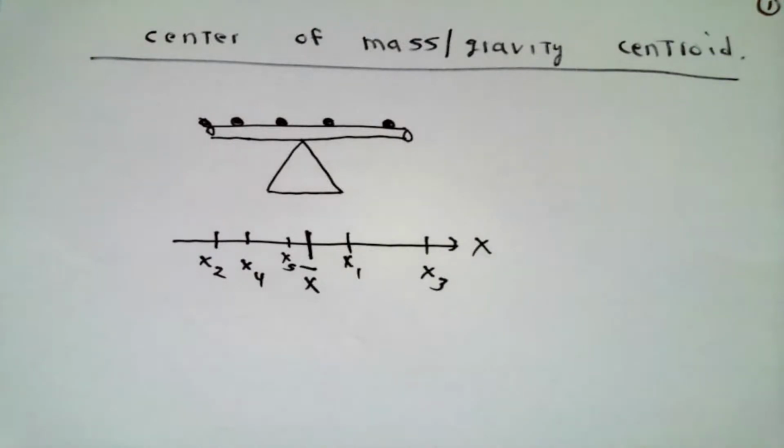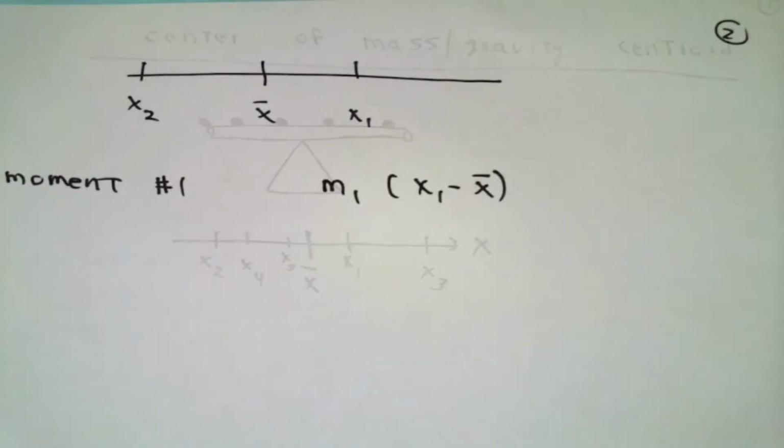In physics, the tendency of an object like this to make the piece of balsa wood turn is measured by the weight or mass of the object multiplied by how far out from the fulcrum, the balance point, you are. In physics, the torque is the force, the weight, or equivalently for us, the mass, times the lever arm.